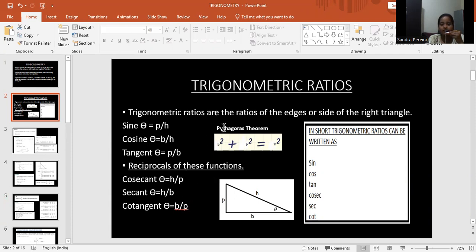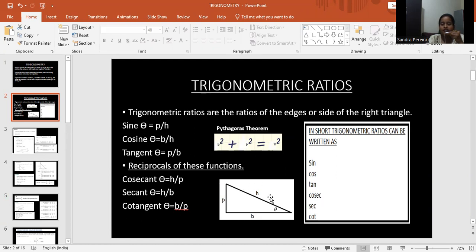And one more theorem we used is the Pythagoras theorem: the sum of the squares of perpendicular and base is equal to the square of the hypotenuse.